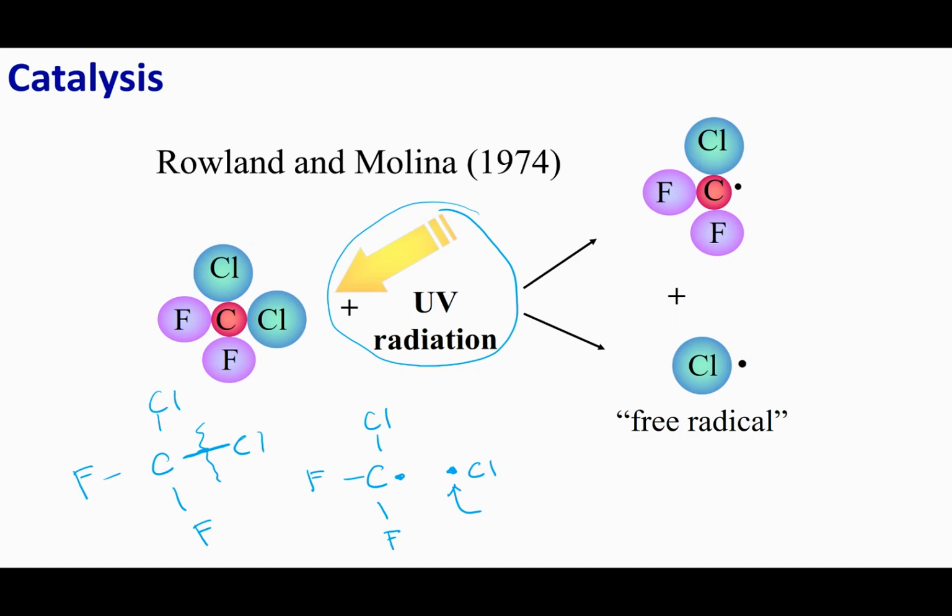Now, when you have a lone electron, this is a highly reactive species, and it is referred to as a free radical. So what Rowland and Molina said is that our CFCs went into the upper atmosphere and generated these free radicals. Now, this is what they got the Nobel Prize for.